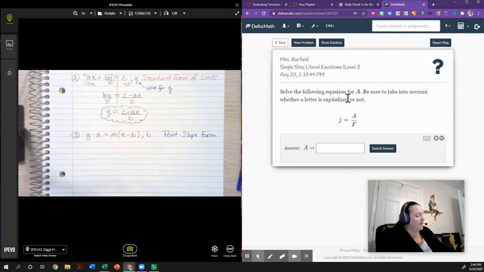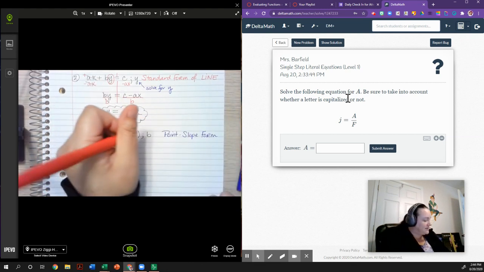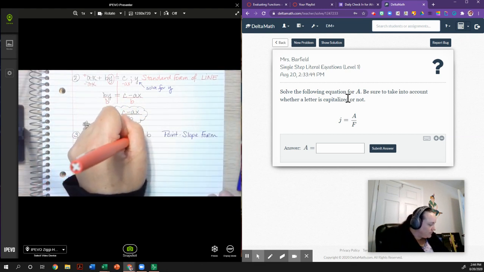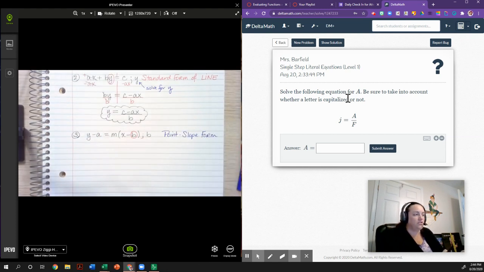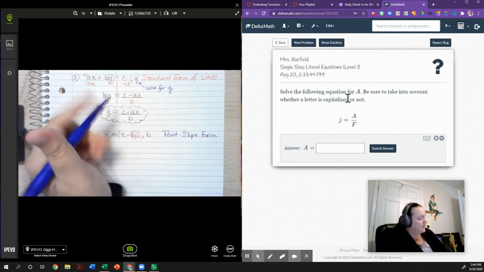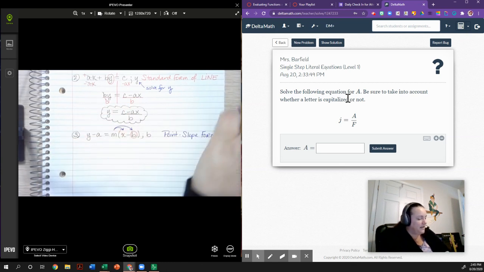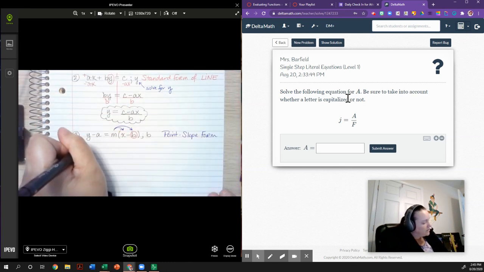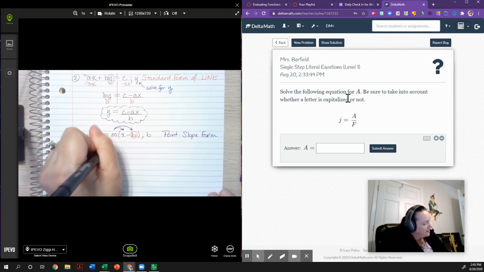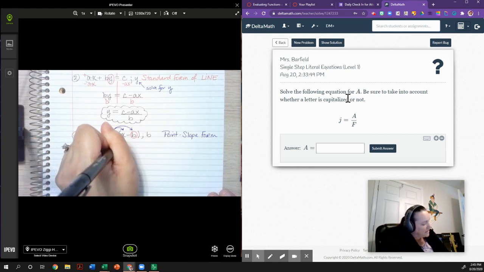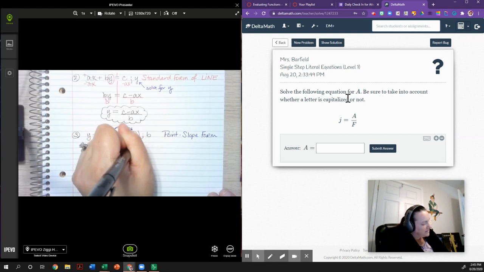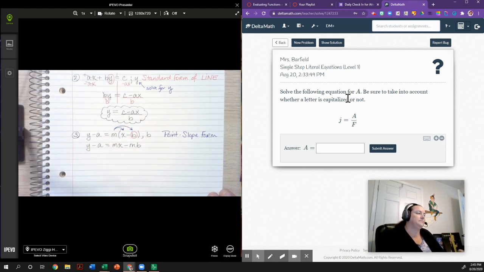All right, so if I want to get b by itself, b is currently trapped inside of these parentheses. So I need to get it out of the parentheses by doing the distributive property. So I need to multiply m times x, m times b. So y minus a equals m times x minus m times b.